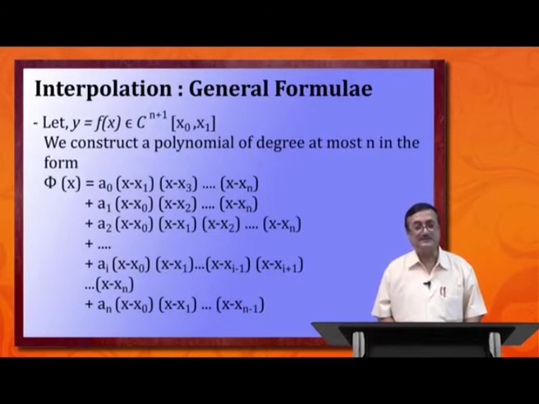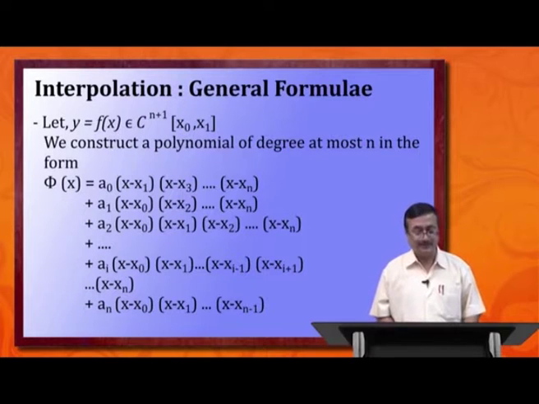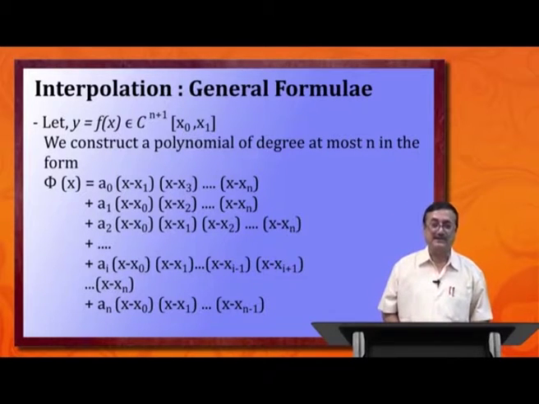We suppose that the function y equal to f(x) belonging to [x0, xn] is continuously differentiable n plus 1 times. We construct a polynomial of degree at most n. Remember that we have n plus 1 interpolating points.